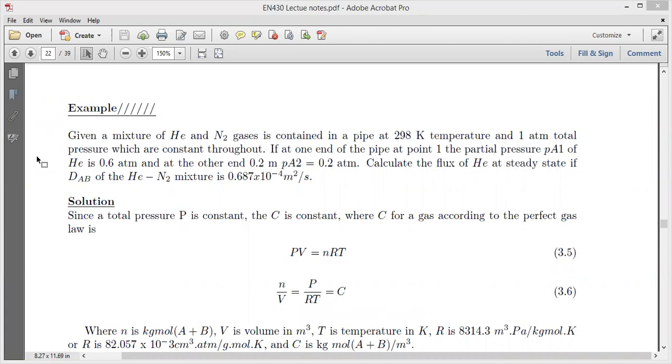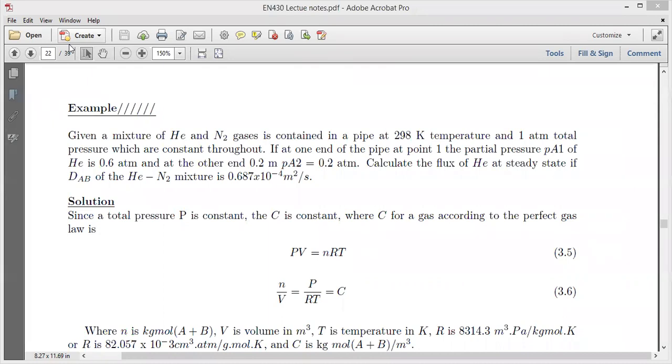Given a mixture of helium and nitrogen gas contained in a pipe at 298 Kelvin temperature and 1 atmosphere total pressure, which are constant throughout.